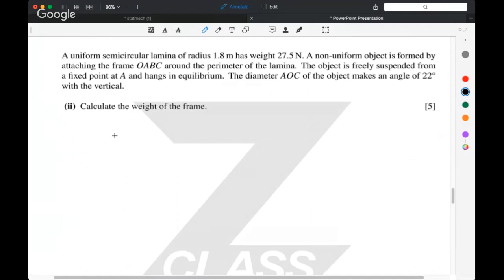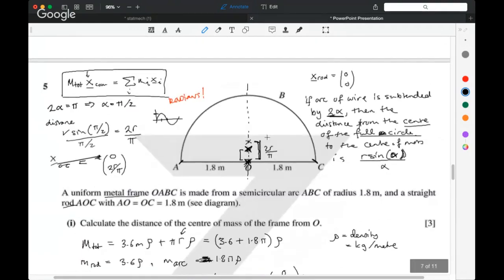So we've got our frame, we're putting this lamina in the middle, and we're hanging it from A. Putting the lamina in won't change the x coordinate of the center of mass, because everything is still symmetric in x.